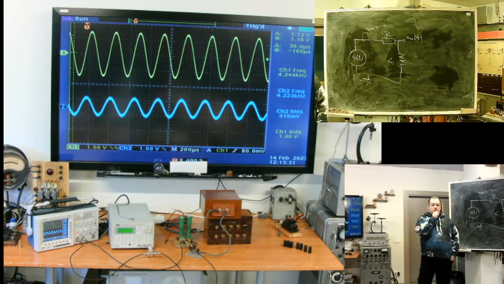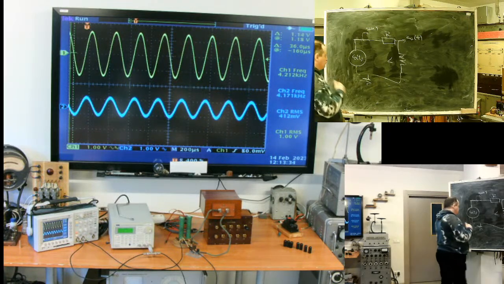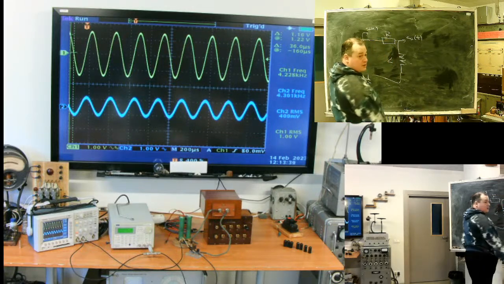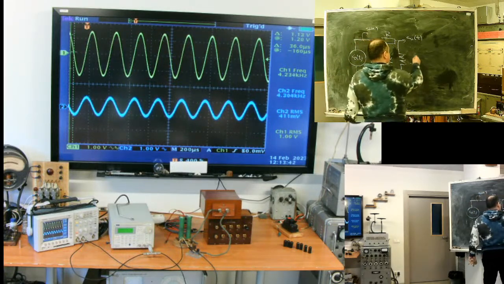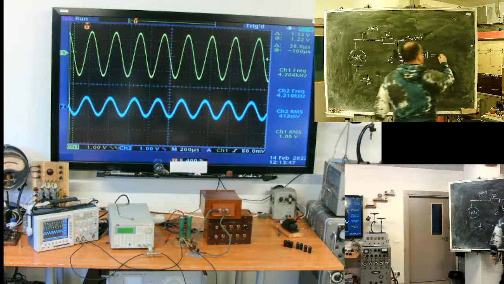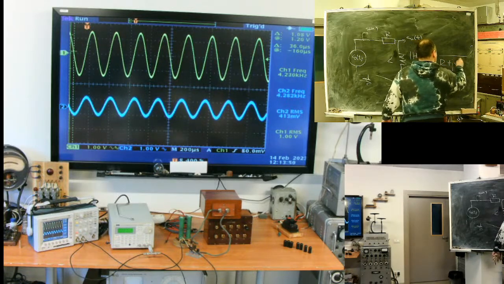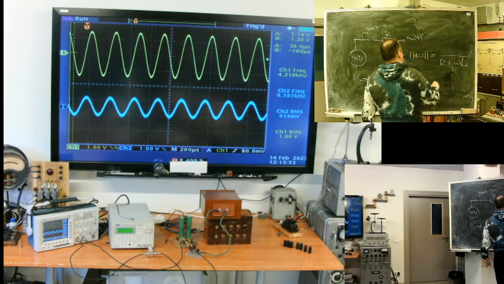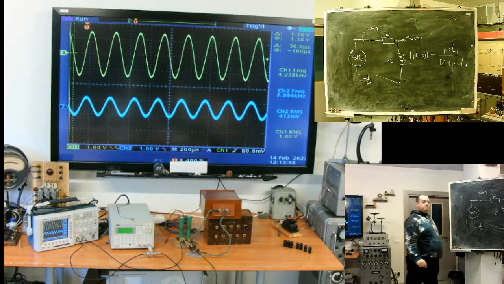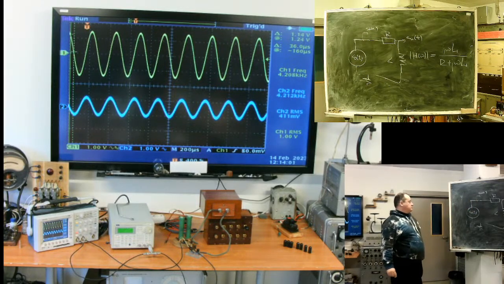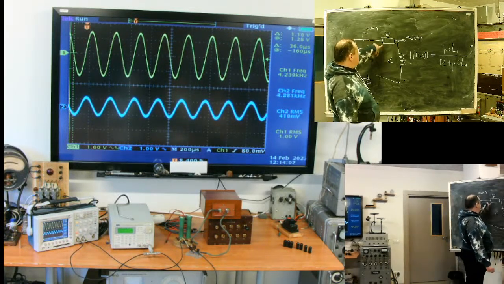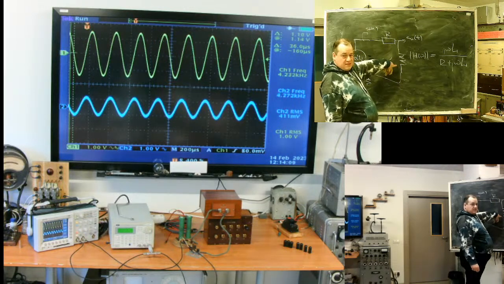Can we write a transfer function? Really? Current will be, and here, current will be EMF divided by R plus XL.